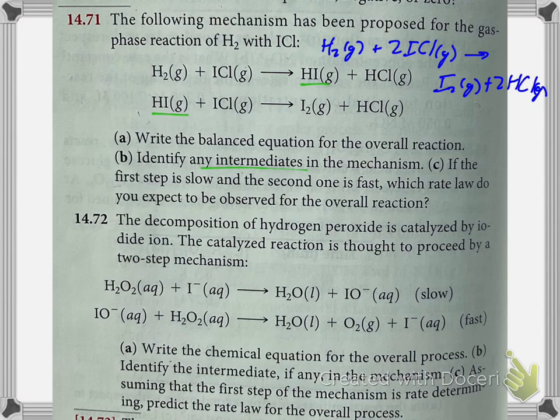And so if I can write a rate law for the first step, that will be the overall rate law, which in this case would be rate equals K, concentration of H2, concentration of ICl. Notice, even though ICl has a coefficient of 2 in the balanced chemical equation, it's first order. And the reason it's first order is because that first step is rate determining, and in that step, there's only one ICl that collides with an H2.